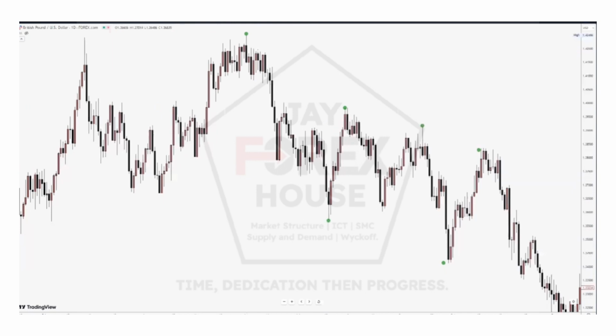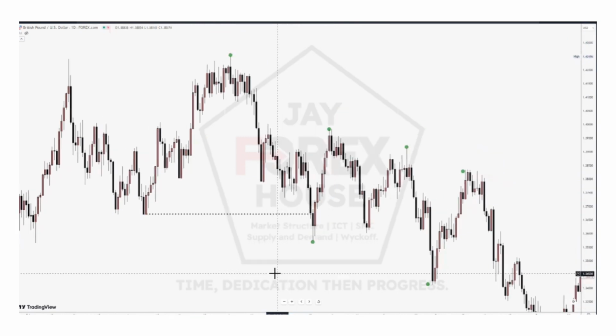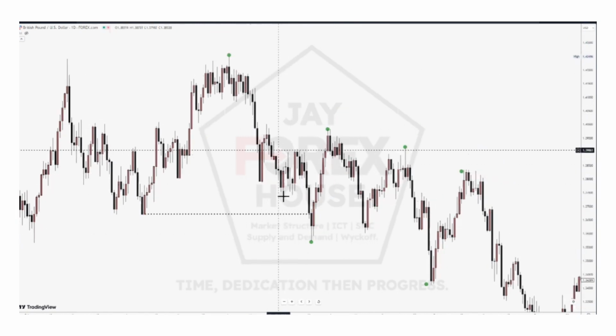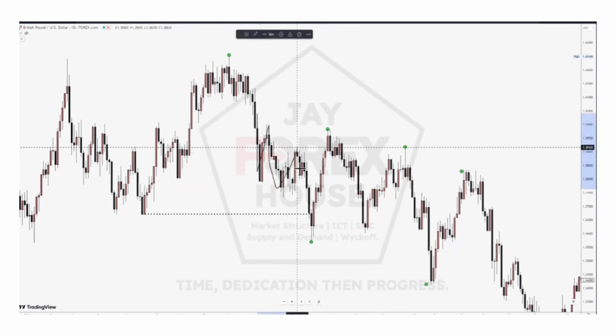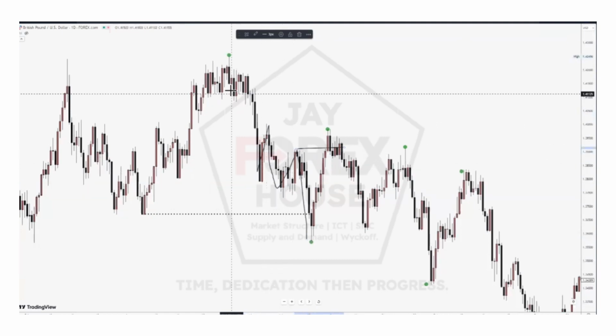As you can see, this was a weekly swing low that got broken. Which high broke this low? As you can see, this is the internal structure. So this would be our liquidity because this is an internal structure, right? So this would be the daily, and then this would be the weekly.